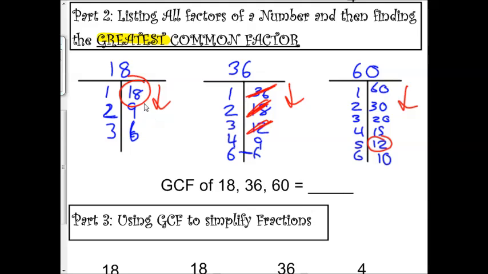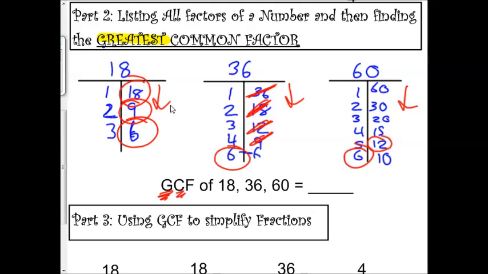Let's try 9. Okay, 9 is a factor of 18, but it's not a factor of 60, so cross that out. How about 6? 6 is a factor of 18, and it is a factor of 60 and 36. So that is the greatest factor that all 3 have in common.